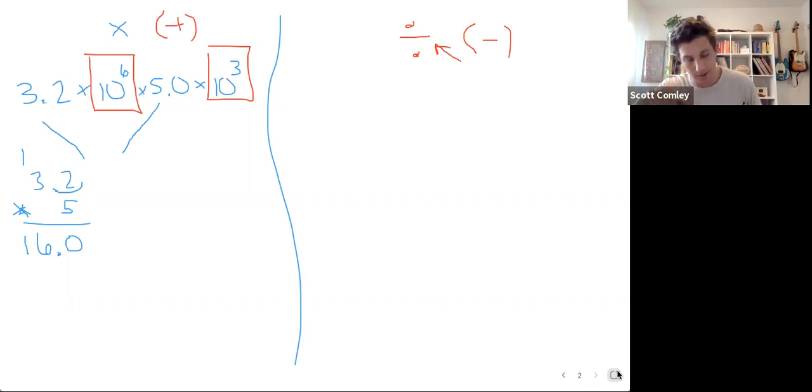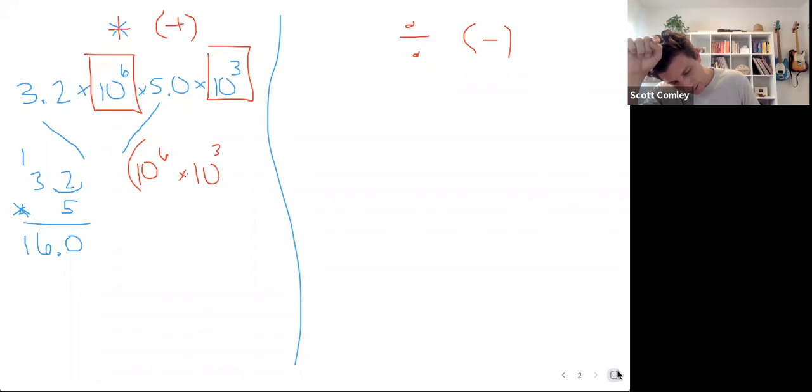So think divide means you subtract the exponents, but multiply, the star one, even has an addition symbol in it. So we're going to add the exponents. So 10 to the 6th and 10 to the 3rd. 3 and 6 makes 9. So our full answer is 16 times 10 to the 9th.